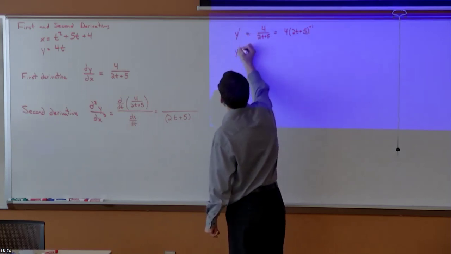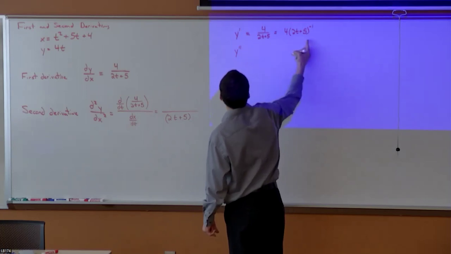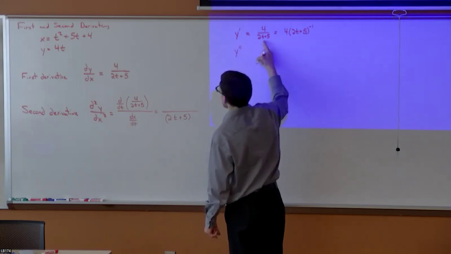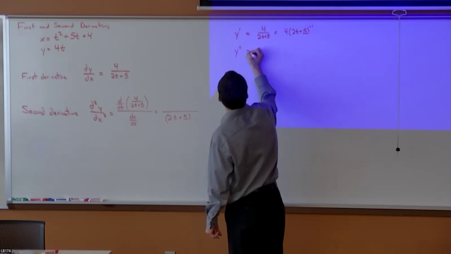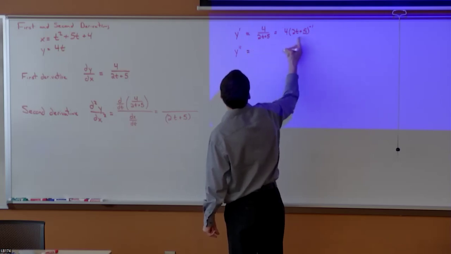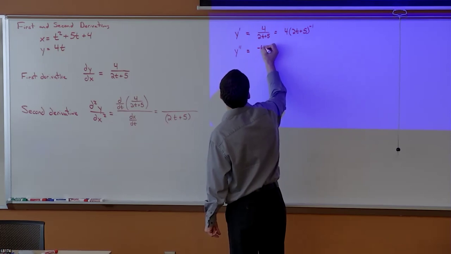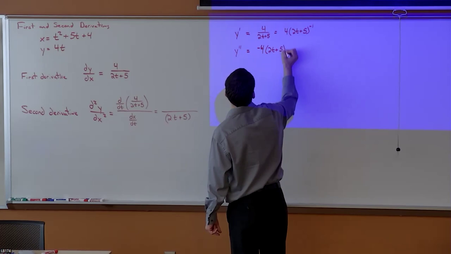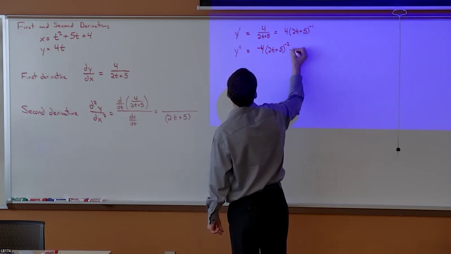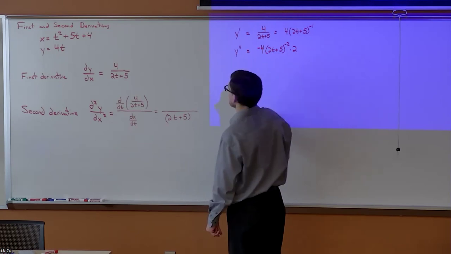If I take a derivative of this, I'd get a -4 times 2t plus 5 to the -2, and then I'd have to multiply by the derivative of the inside function, which is 2.